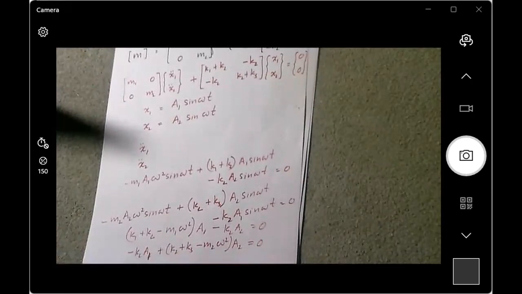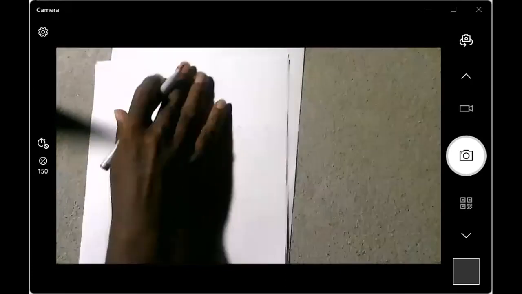Right. Now let's see what these A1 and A2 are. A1 and A2 are really the amplitudes of these two vibrations, x1 and x2, because when you apply omega t as 90 degrees, X1 becomes A1. So they are the amplitudes, the maximum displacement that each mass can show.